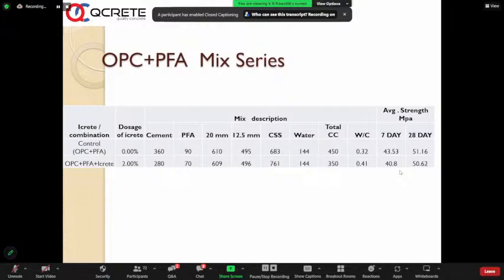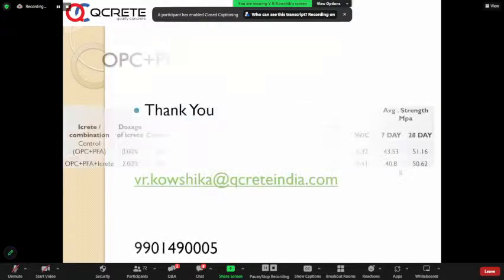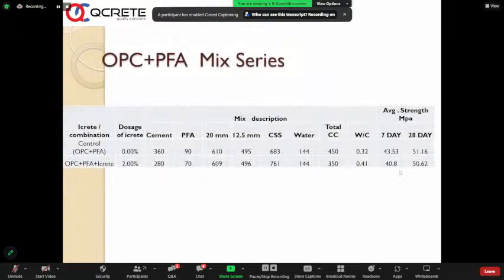And the other beauty of the product is it enhances the impermeability, it enhances the durability. So it is an all-rounder, which reduces the cement content and makes economical mixes. On the other hand, you can increase the SCM contents.